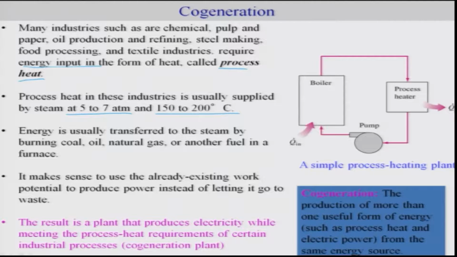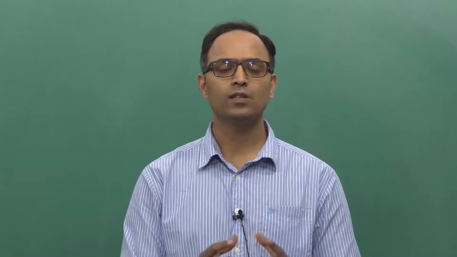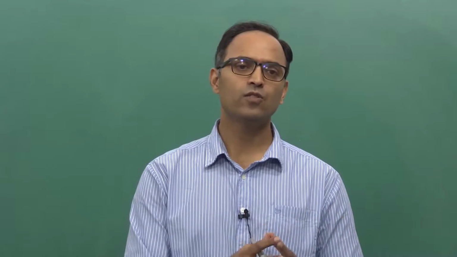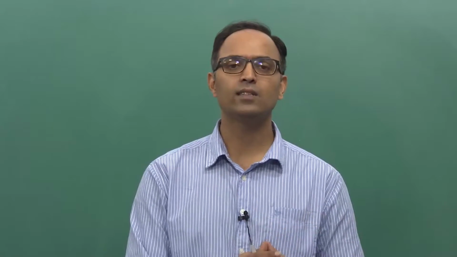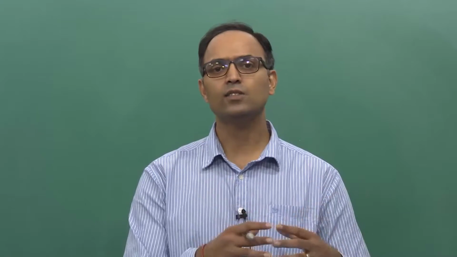Such a large industry may have, let us say, a power plant, which is automatically generating certain work and throwing some part of the heat away, let us say from the condenser.